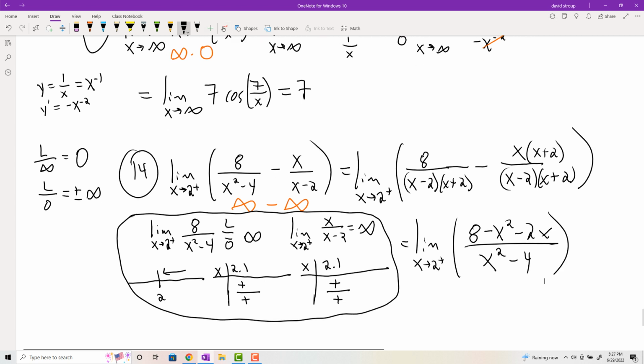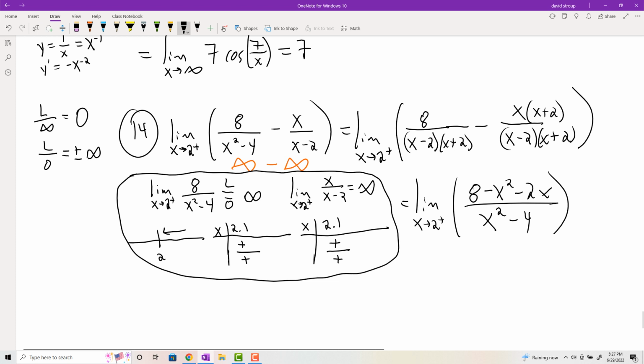And then investigate the type again. If you plug in 2 on top, you get 8 minus 4, which is 0. You plug 2 into the bottom, you get 4 minus 4, which is 0. So you could do L'Hopital's.